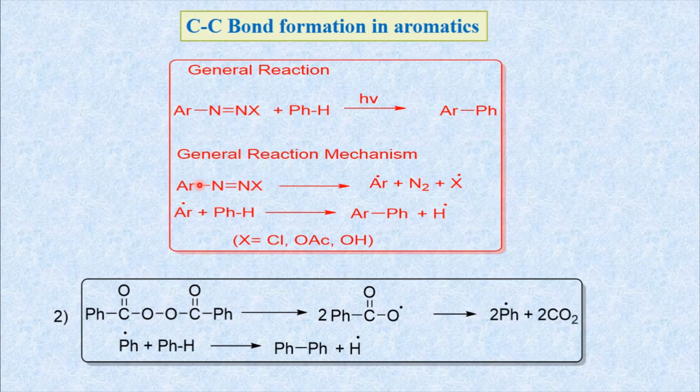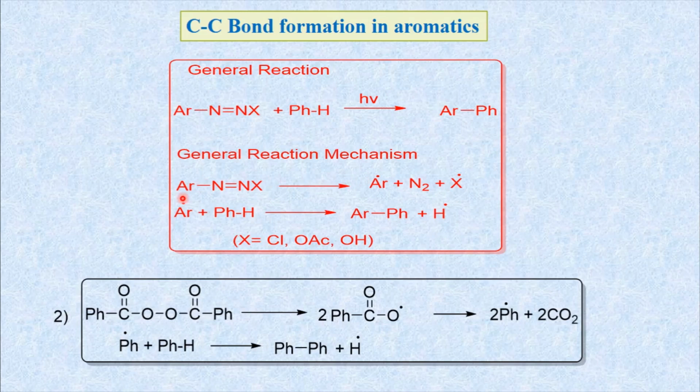This salt undergoes breaking of this Ar-N bond. It generates Ar radical, and this X is equal to chlorine, acetate or hydroxy group. The homolytic cleavage of this N-X bond takes place, and it generates N2 molecule, X radical and Ar radical.